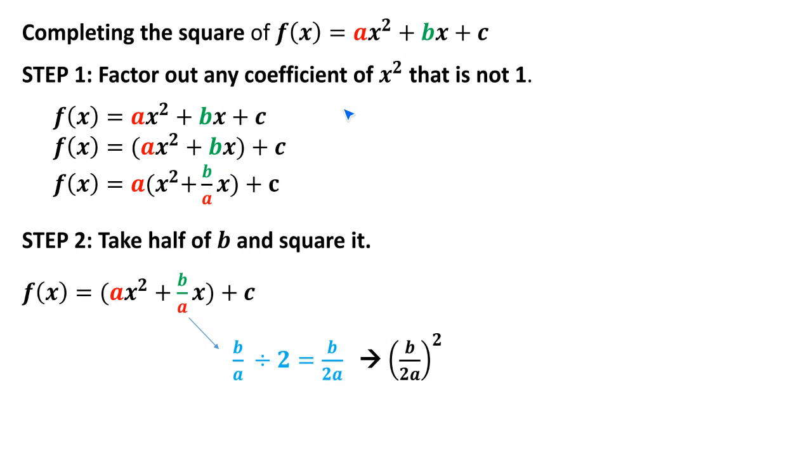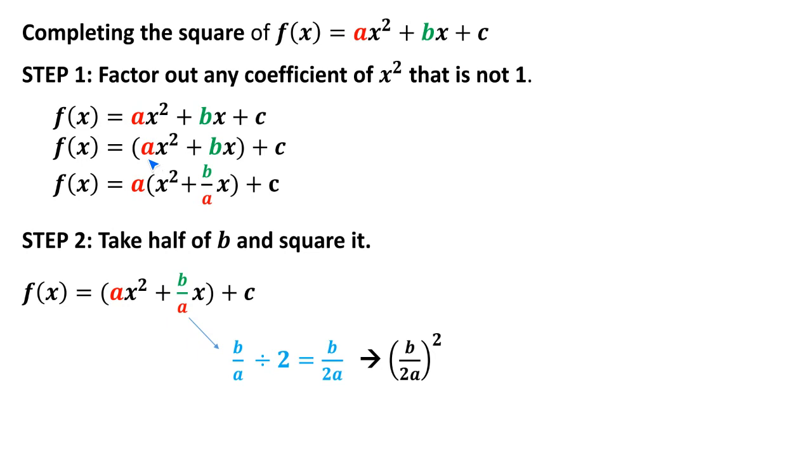But the first thing you want to do is make sure that your quadratic function has a 1 in front of the x squared. So if you have something that is not 1, we're going to factor it out. If you notice here, first I'm going to group my ax squared and my bx term together, and then I'm going to put the c by itself. Then I want to factor this a out because I need to make sure that in front of x squared you only have a 1.